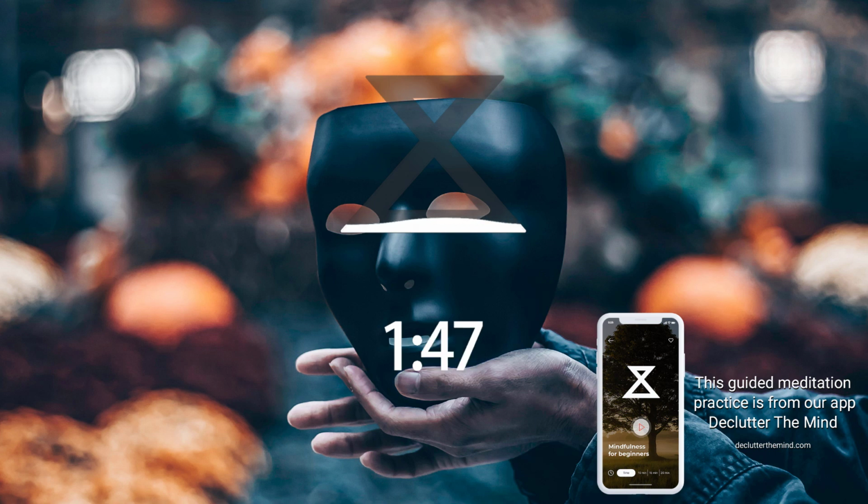And the final few moments here, allow the mind to do what it wants. Let go of any attempt to maintain control of attention.